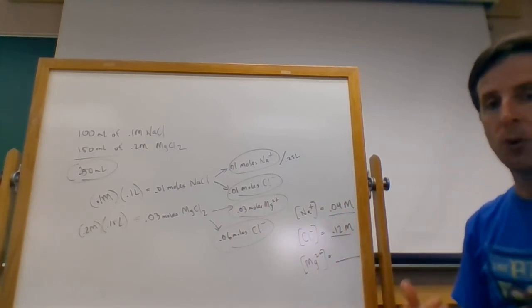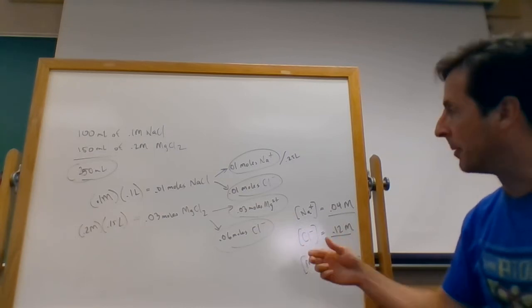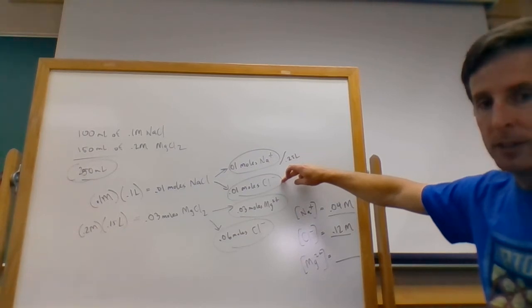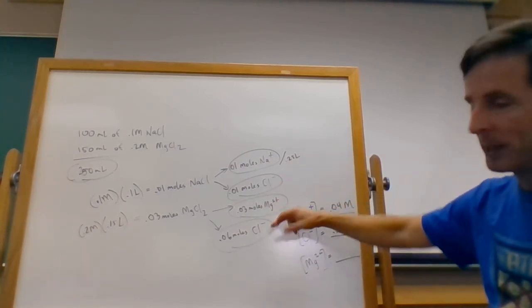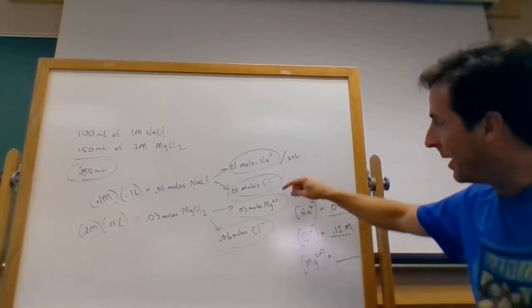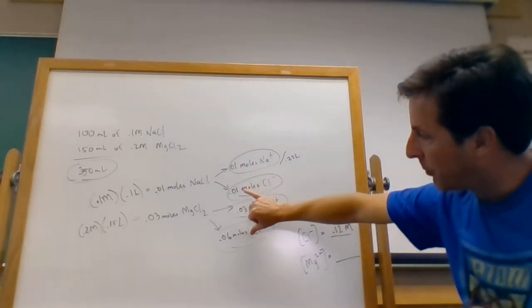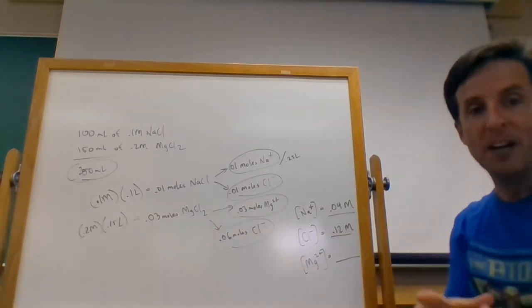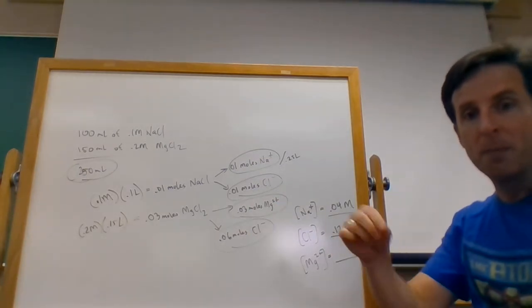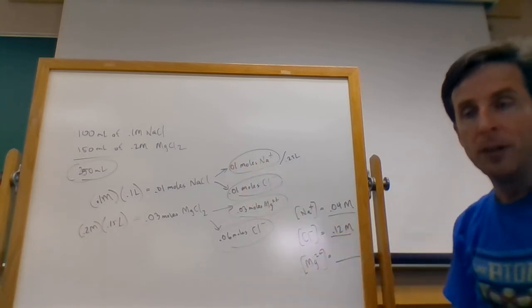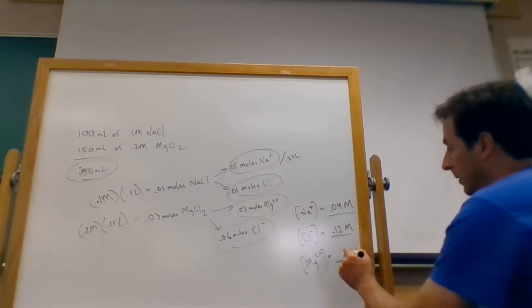And then finally, the chloride is the hardest one because there's two of them. The first solution gave me this much. The second solution gave me this much. Well, I dumped them together, so I'm going to have to add those numbers together. So chloride is going to end up being 0.01 plus 0.06. It's going to be 0.07 divided by the 0.25 for the volume, which is going to give me 0.28.